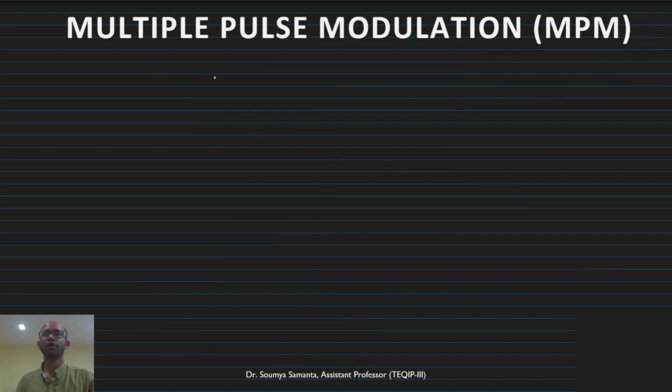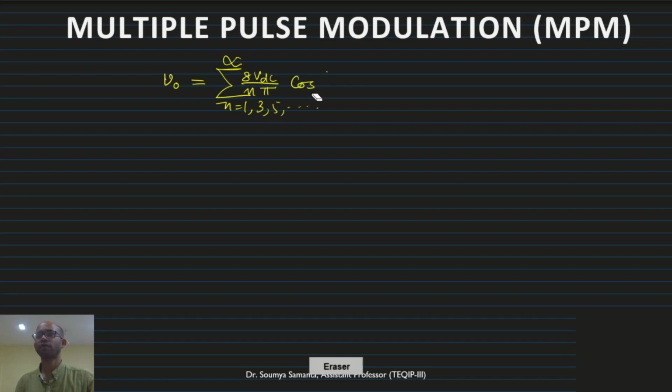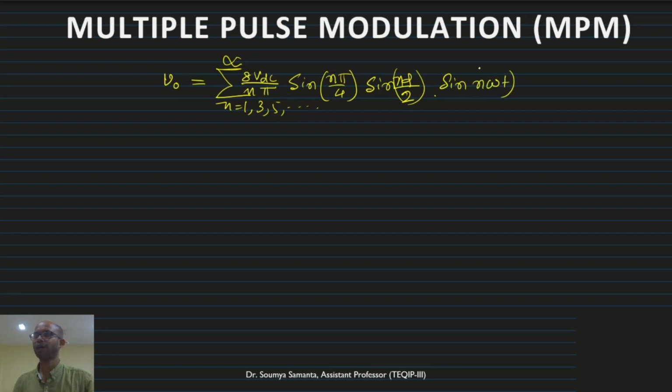The v naught expression is that v naught will be summation n equals 1, 3, 5 to infinity of 8 VDC by n pi, sine of n pi by 4 into sine of n d by 2, into sine of n omega t.